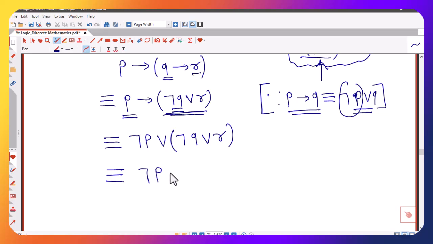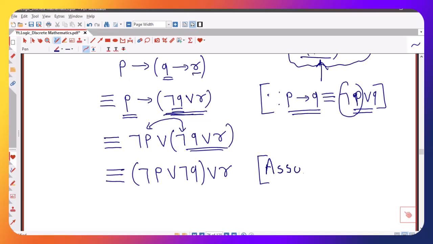I will combine these two now, negation P or negation Q. I am applying associative property, so I will simply change the grouping of this. Here I have taken the group of negation Q and R, here I am taking these two in the bracket. So this is using associative law.